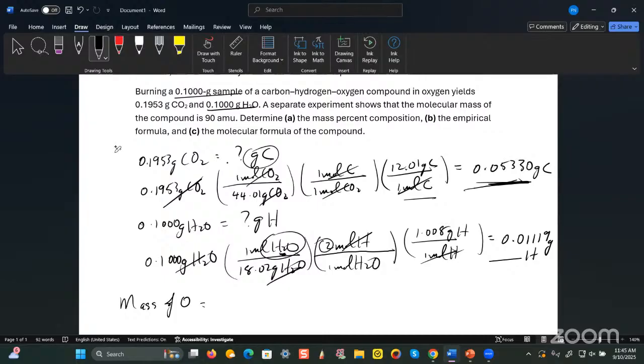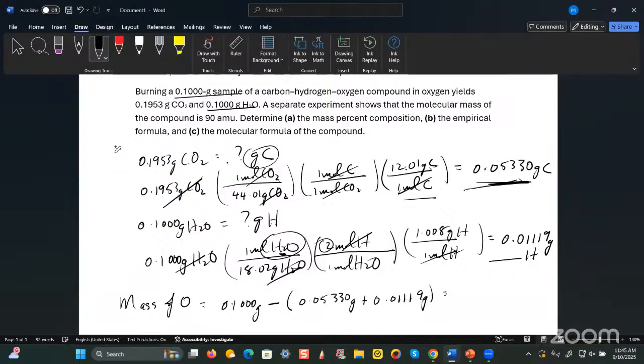0.1, exactly. So the 0.100 grams, which is the total mass of the compound, you're going to subtract from that, as she suggested, the sum of 0.05330 grams plus 0.01119 grams, all right?